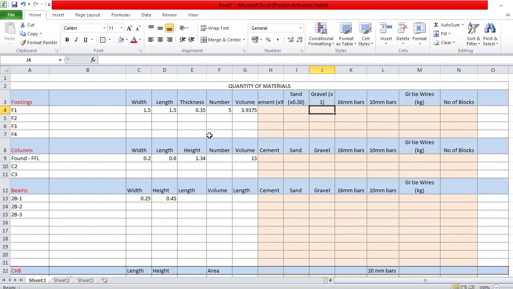So, meaning, for example, andito tayo sa ating footing. Your cement will be equal to your volume, click on volume, then multiply by 9. Enter. Pag sa sand is equal to the volume multiplied by 0.5. And then for your gravel, it is equal to the volume multiplied by 1.